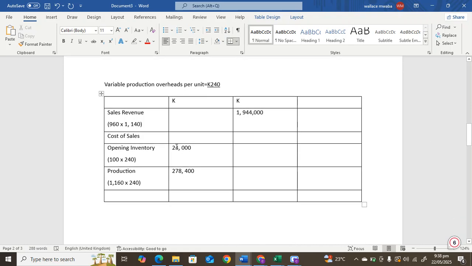So we have to add our opening inventory plus the production to get our total cost of goods available for sale.